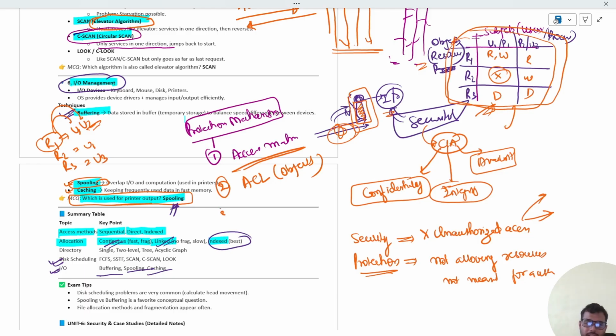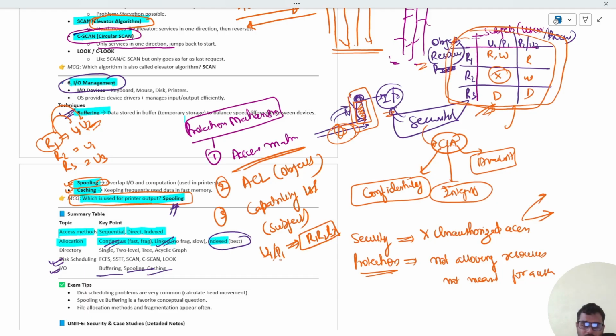Another technique is known as the capability list. This technique is just the opposite of the ACL. Here we have a subject-based list. Subject-based list means any user U1 or any process P1, what resources can it use? Say R1, R2, R3. These three resources can be used by user U1 or process P1.